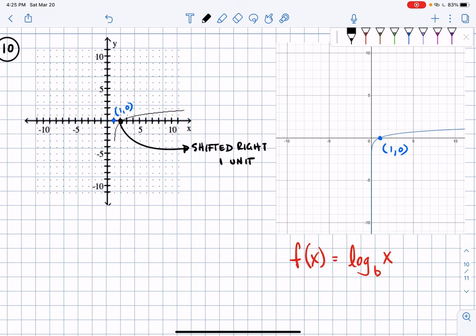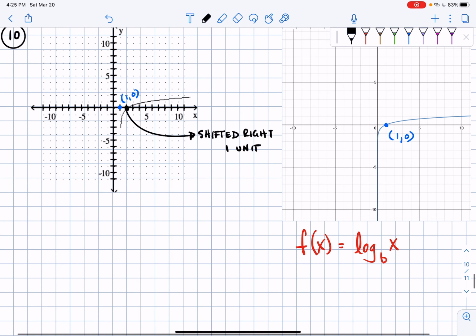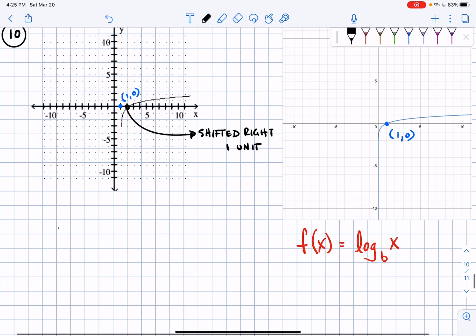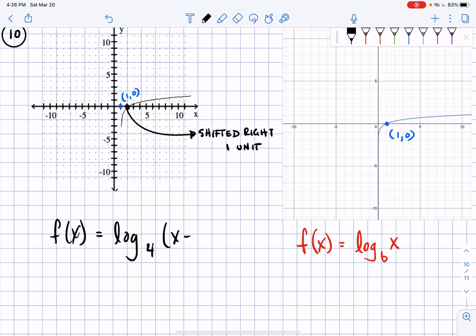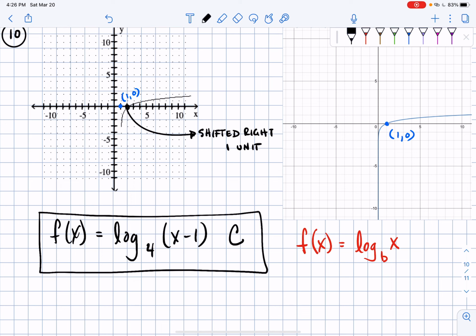So that tells me that this is a log base 4, so that means my f of x is going to be log base 4 of x minus 1 because it shifted to the right one. All right, so with that being said, it's going to be choice C. There you go.